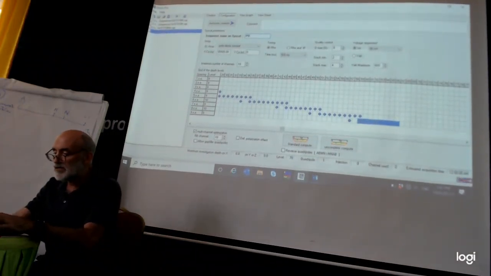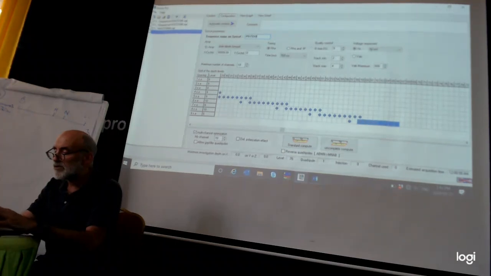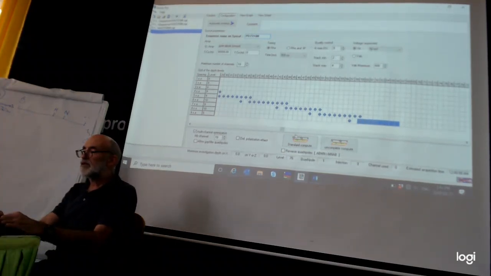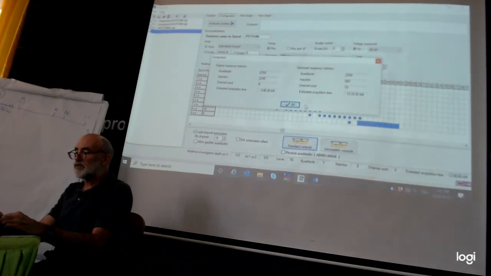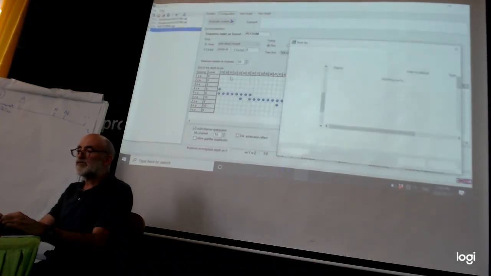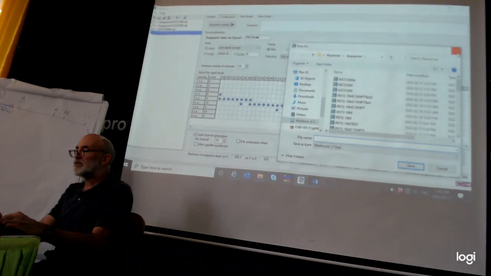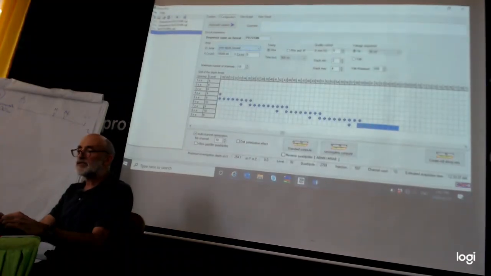So this is going to be PD 92 10 meter. I've still got 10 channels.